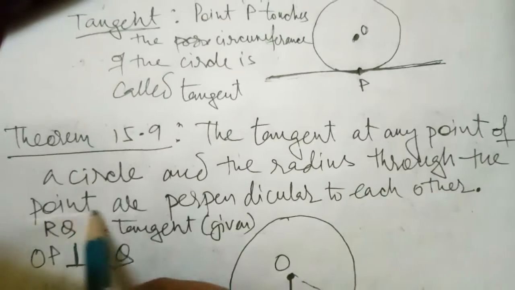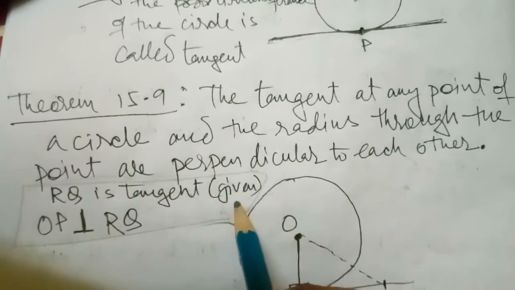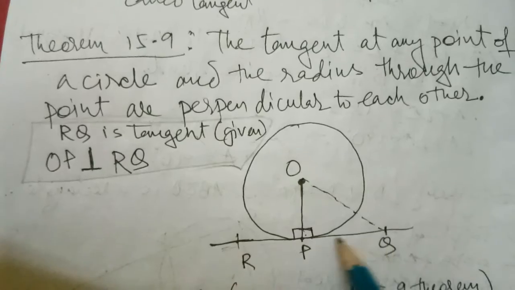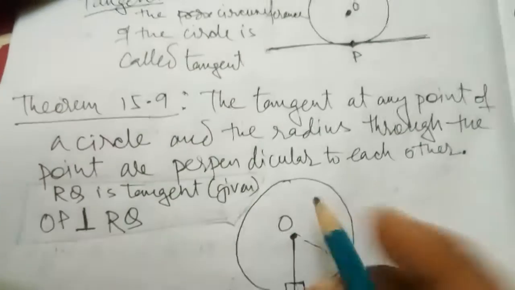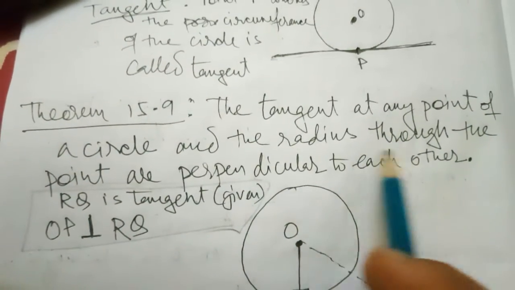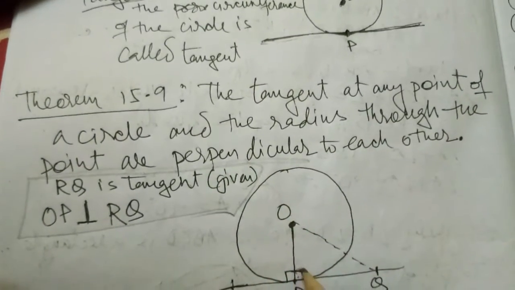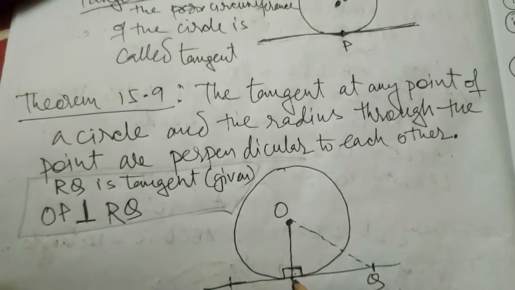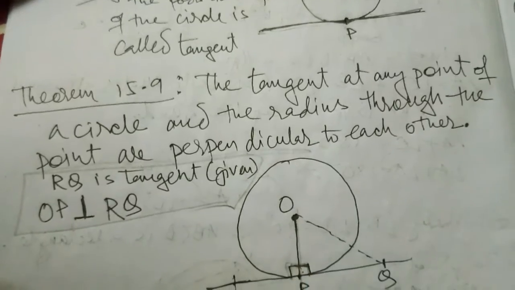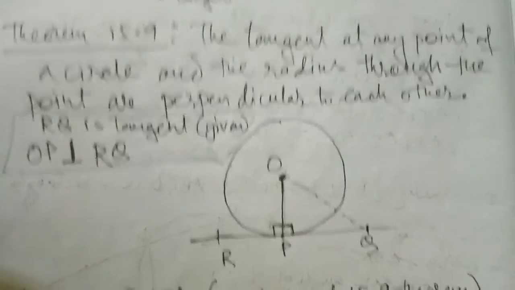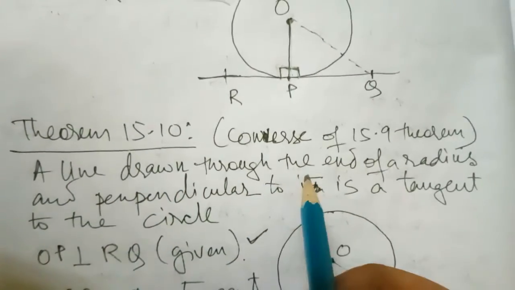Here RQ is a tangent, as it is touching the circumference of the circle at point P. Perpendicular means they will be at 90 degrees; the radius will always be perpendicular to the tangent at the point of contact.